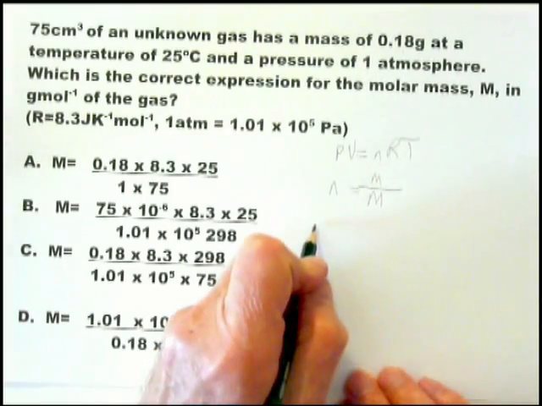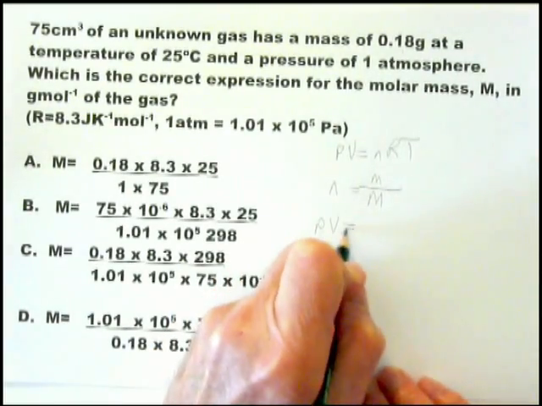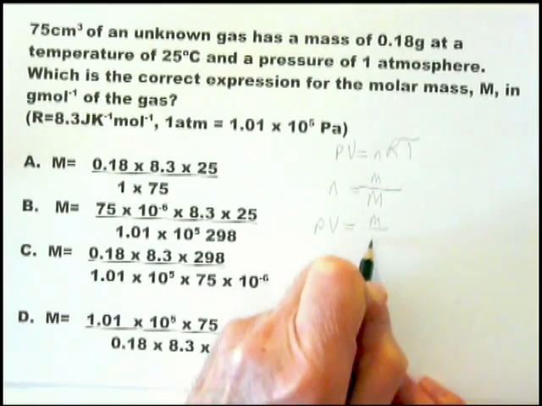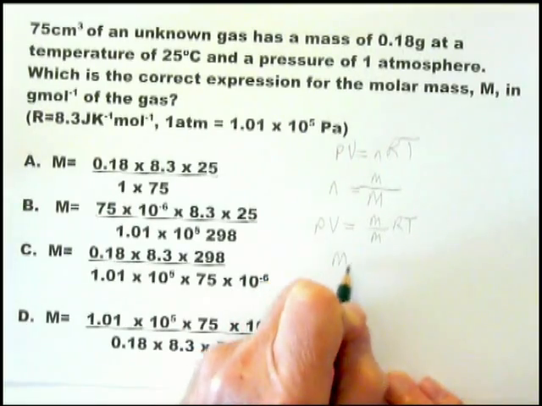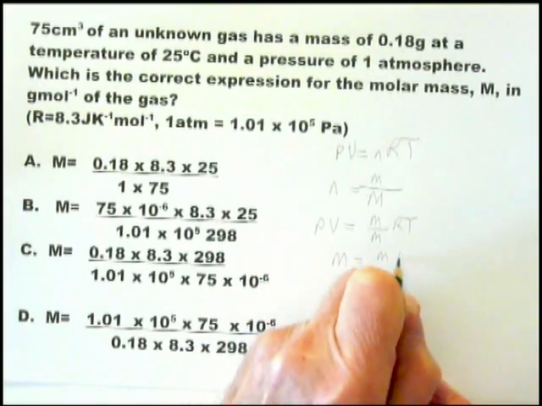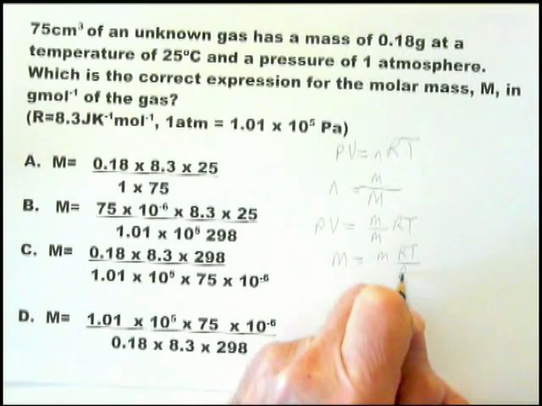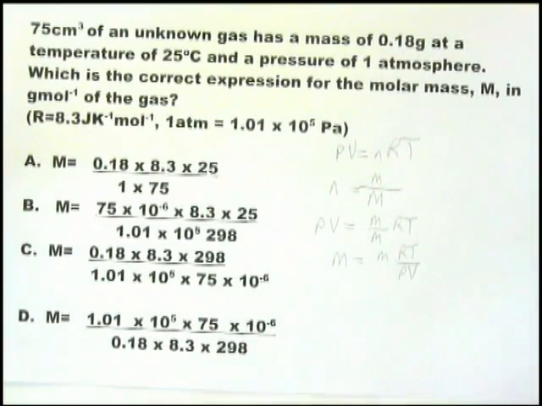It doesn't really matter. We get to the same thing in the end. Little m over big M, RT, and then we rearrange it and we get M equals mRT over PV. And then we start looking at the numbers and the variables.